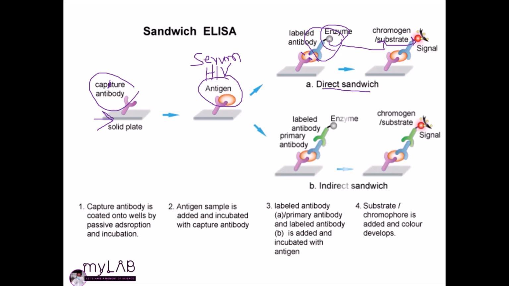You can have sandwich indirectly. By now, you already added your analyte of choice from the serum, which is the HIV antigen, and then you raise a primary antibody that is not labeled, okay, and then you raise a secondary antibody that is labeled with your enzyme.